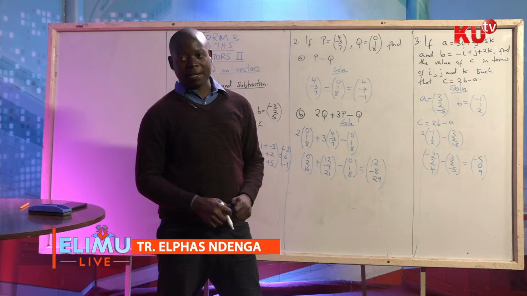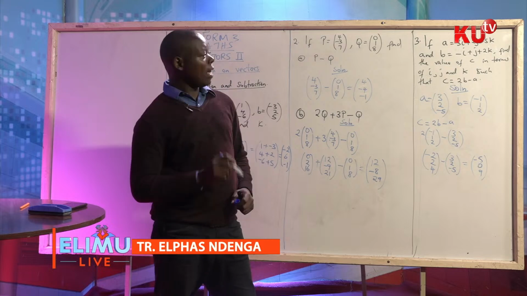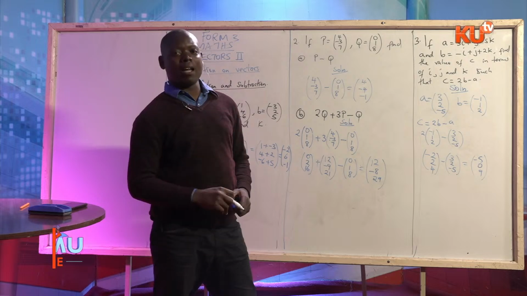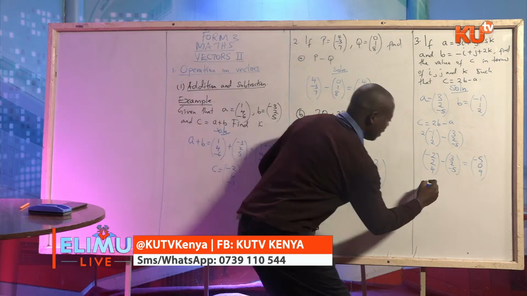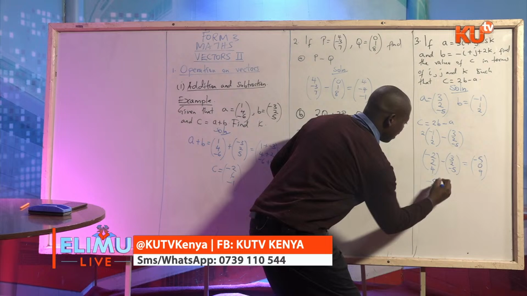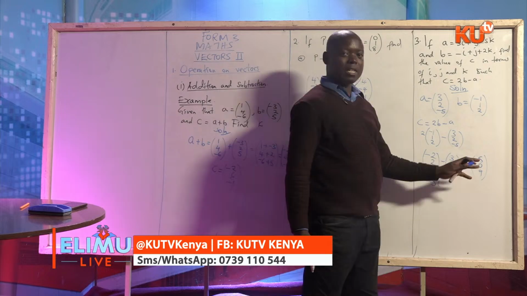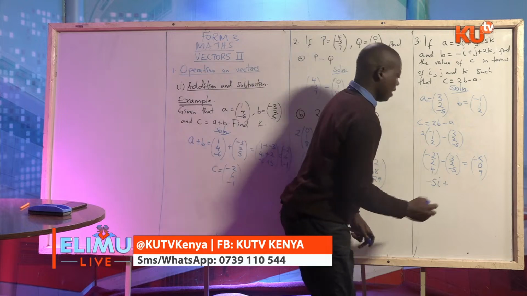So our solution for C is (-5, 0, 9). But what's the question? The question is we find C in terms of i, j, and k. So what will that be? -5i. Now j is 0, so we cannot write 0j. We omit it, and so have plus 9k.